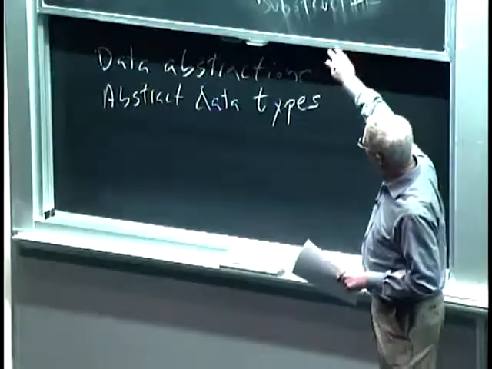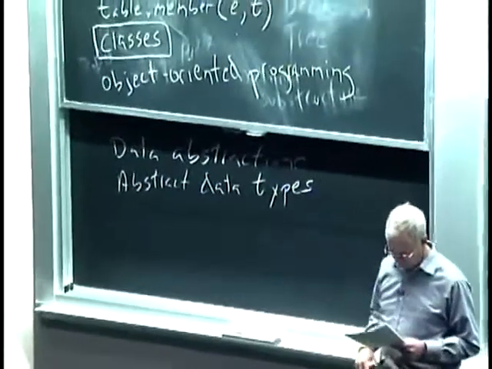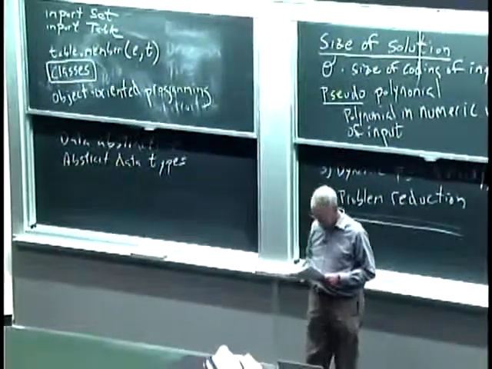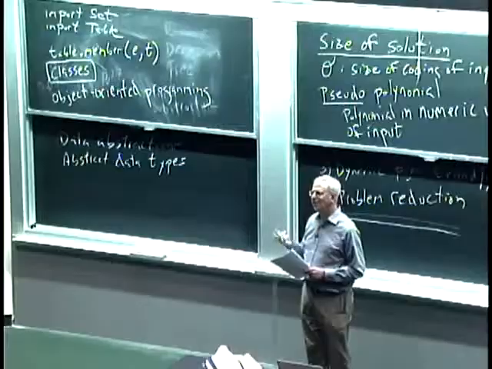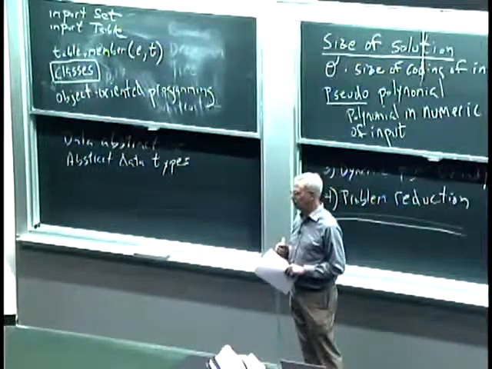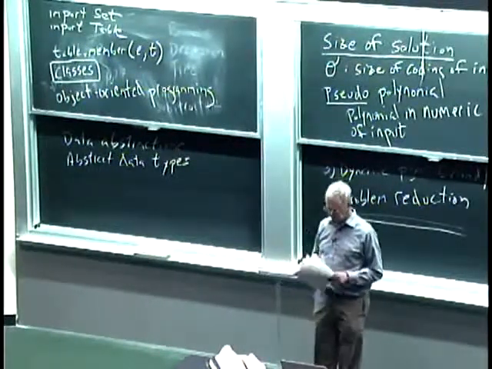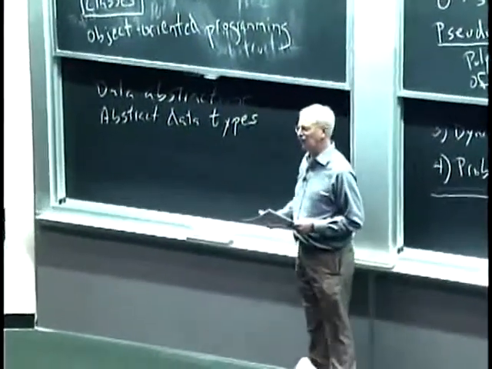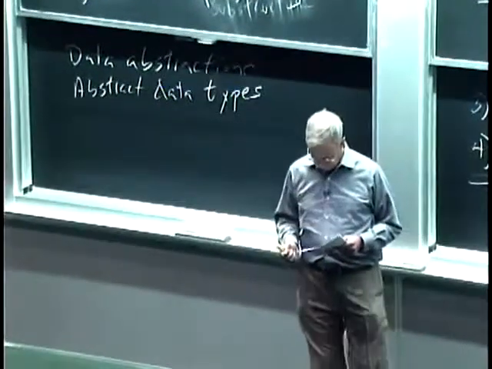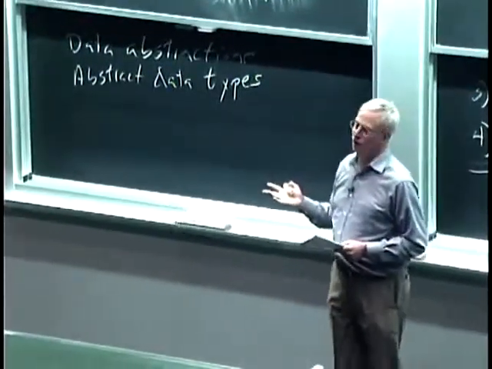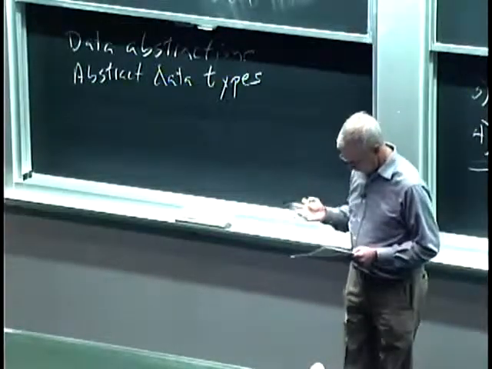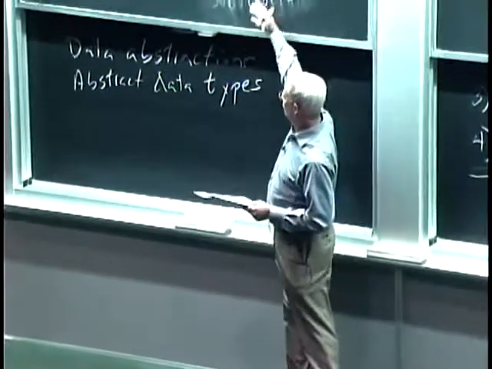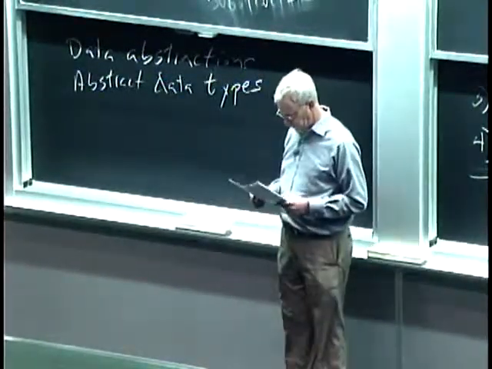Now, these ideas of classes, object-oriented programming, data abstraction are about 40 years old. They're not new ideas, but they've only been really widely accepted in practice for 10 to 15 years. It was in the mid-70s, people began to write articles advocating this style of programming and actually building programming languages, notably Smalltalk and CLU at MIT, in fact, that provided linguistic support for the ideas of data abstraction and object-oriented programming.